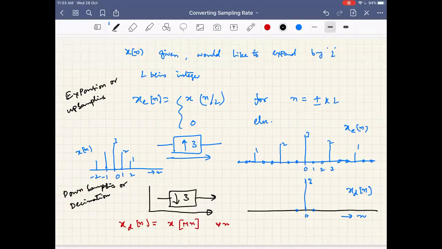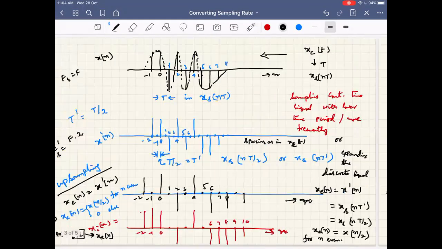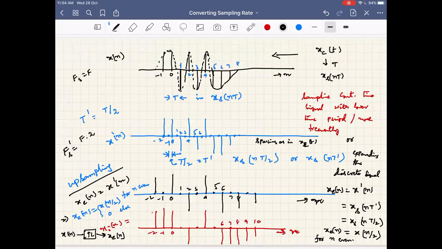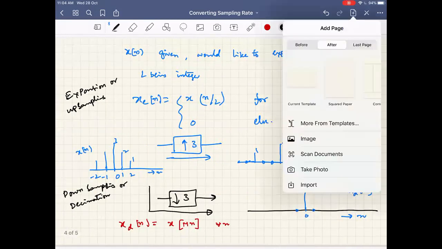Now let us summarize the discussion that we had in the previous class, and then let us see how this impacts the sampling rate conversions in the frequency domain.